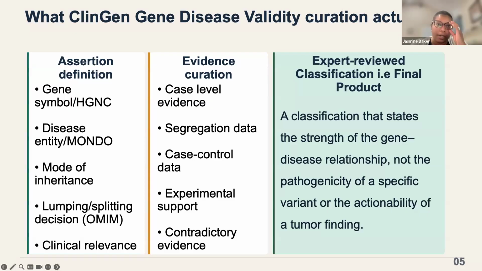There is lastly an expert review that produces a classification of the relationship strength. It's not a classification of an individual variant or judgment of tumor actionability, but just that particular gene disease relationship. So we determine which disease we're going to actually do the curation for, and then our curators go through all of the evidence through the literature, segregation data, et cetera, and then all that information is presented to our expert panels.